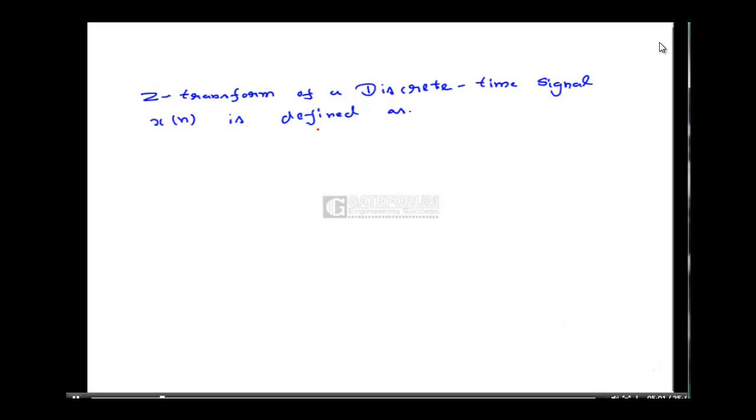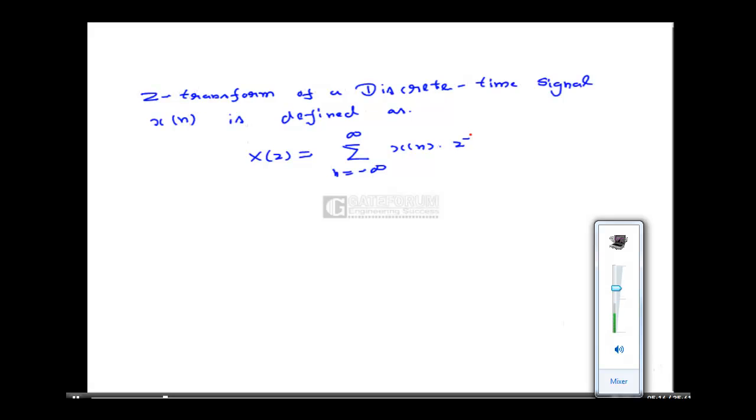Now let's see the basic formula for finding the Z transform. It is defined as X(z) equals summation n tending to minus infinity to plus infinity of x(n) z to the power minus n.